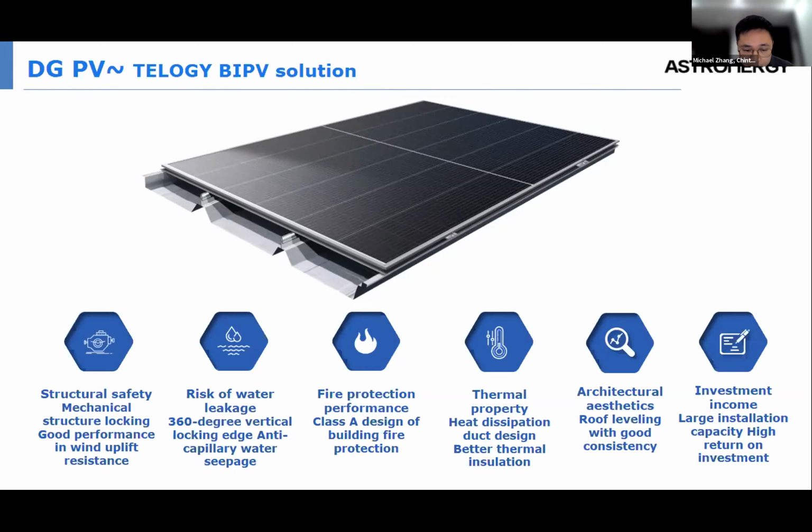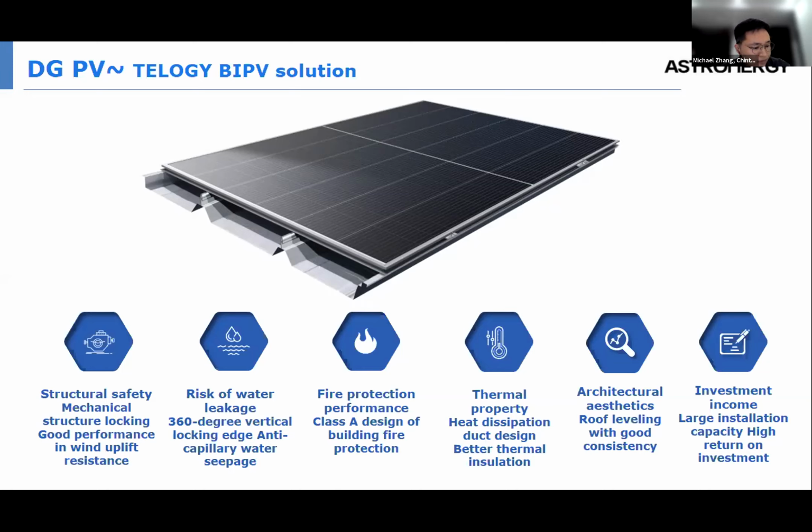The third one is fire protection, since we have passed the Class A fire certificate. And the fourth one is the thermal property. We have very good heat dissipation, which means better thermal insulation. This is very useful for factories doing pig raising or cattle raising.